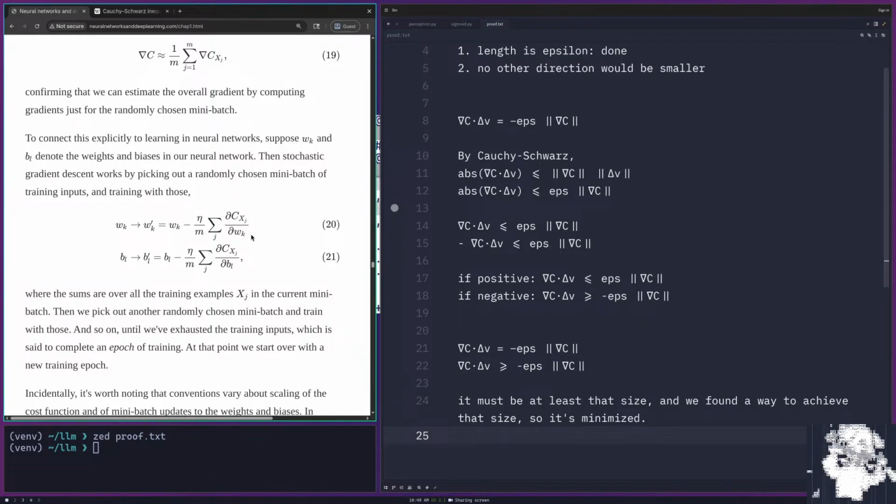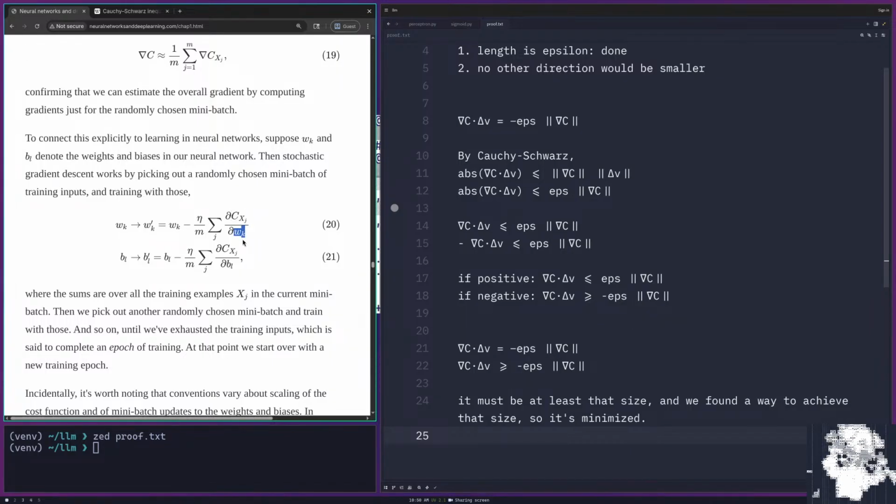So this is saying, here's how you update your weight. If you're looking at a specific weight, Wk, the way you update it is you grab a batch of samples and you see how you do on those samples. That's what the CXJs are. Then you figure out the gradient of the cost function with respect to the weight that you're talking about.